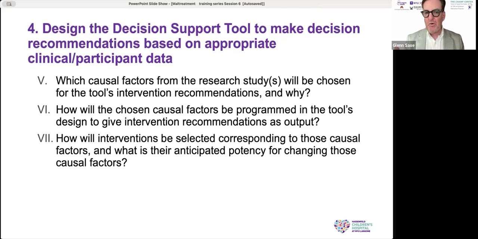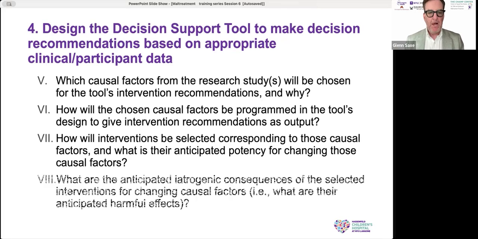And then that gets programmed into the expected improvement you're going to get from the intervention. And then, of course, the iatrogenic consequences of the intervention and causal factors. In other words, are you thinking through the potential harms that can come, the side effects, the risks, all of that?